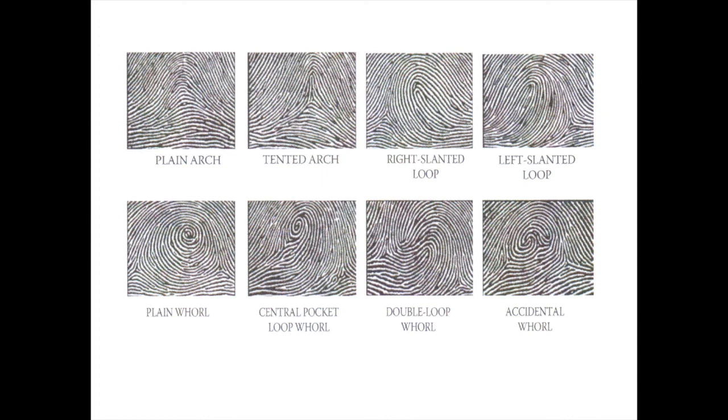All individuals have, again, ridges and grooves. Some of the ridges will end, some of them will bifurcate. Those are all useful when looking at different kinds of identification, again, unique to the individual. But again, it is not the sole means of determining personal identification.